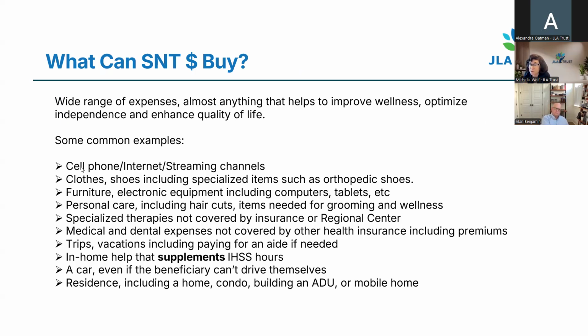It's very individualized, but here are some broad categories, things that most of our clients ask us for money and receive: cell phone, internet, streaming channels, clothes, specialized items, furniture, computers, tablets, personal care items, therapies that are not covered by insurance or regional center, medical and dental expenses not covered by health insurance.